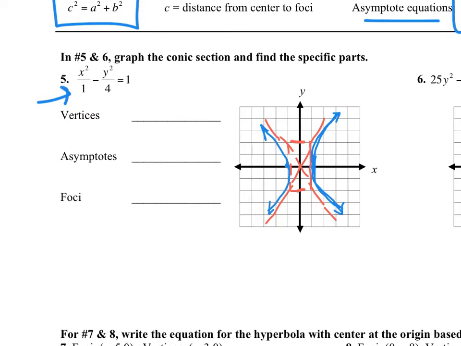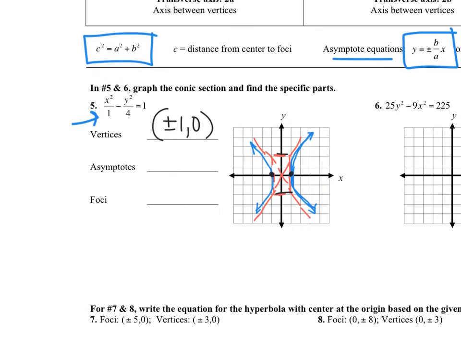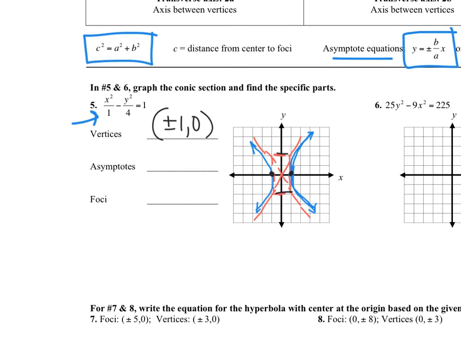So let's talk about our vertices. The vertices are right here and here at plus and minus 1, 0. These are not vertices, there and there, so don't even write them down. All right, asymptotes. The asymptotes are these lines that are in red.